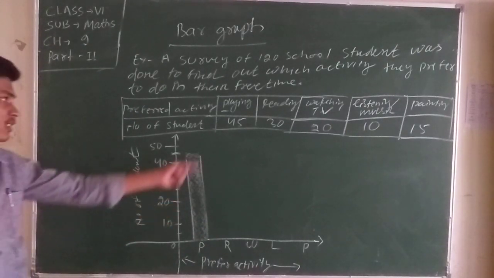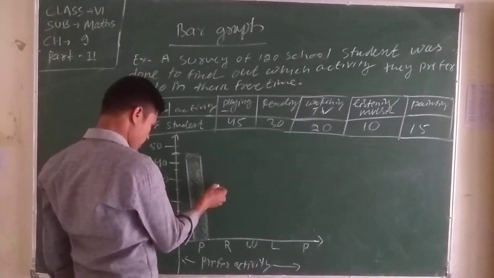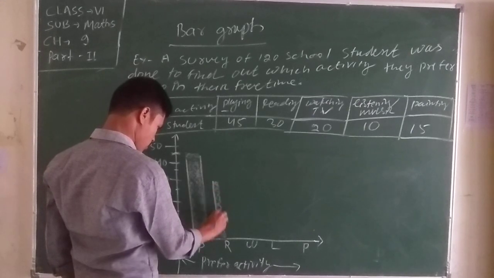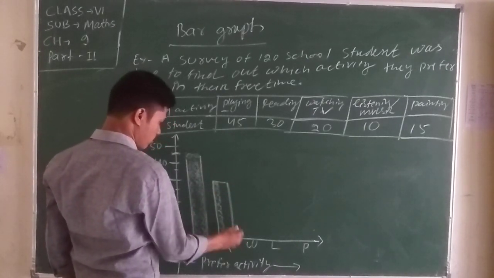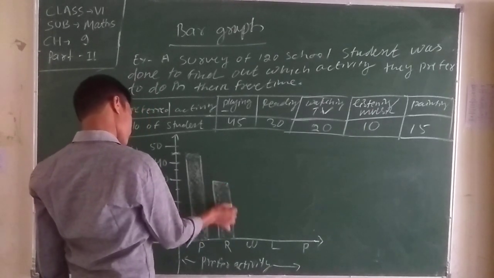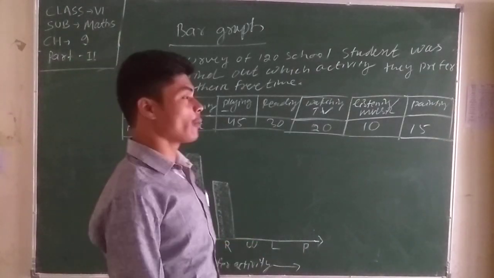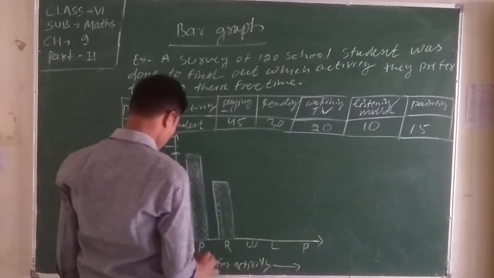Now the next one is what? Reading. How many students are reading? 30 students reading. We start here from 30. Next, watching television. How many students prefer it? 20 students prefer watching.